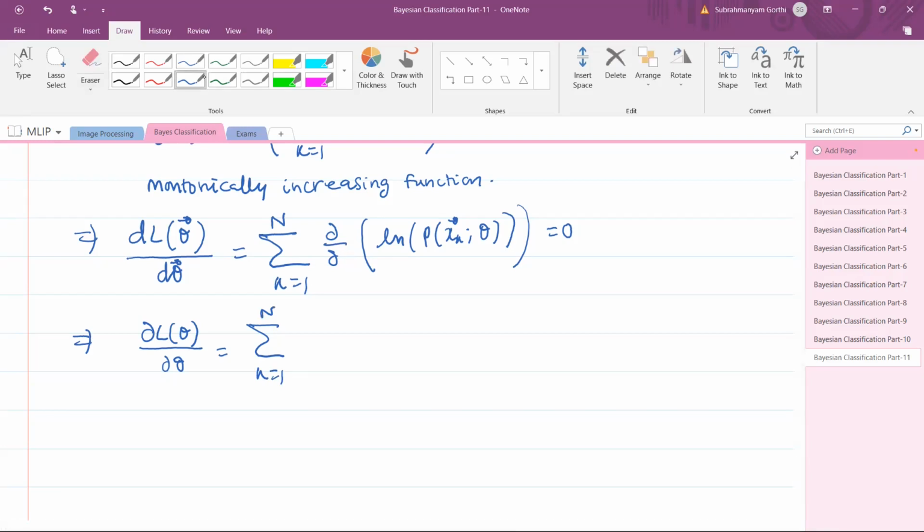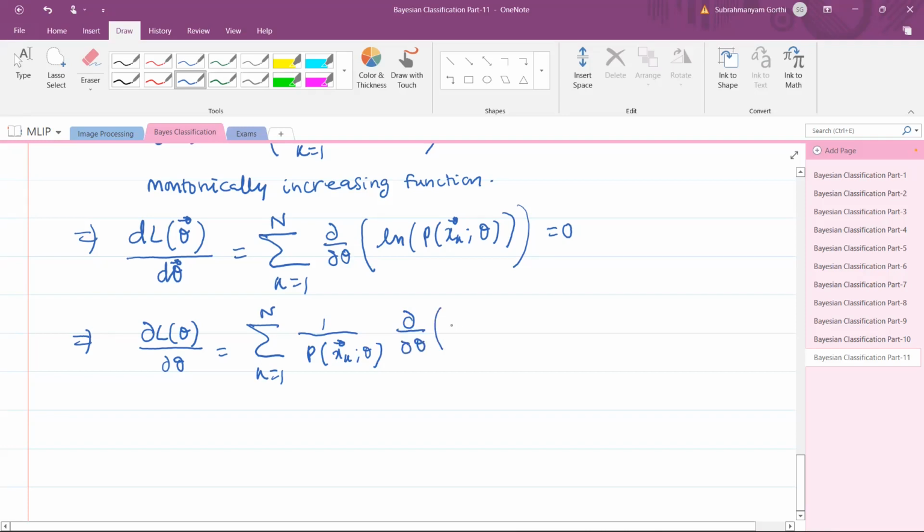So tell me, how should I write that now? 1 over probability of x_k bar given theta into ∂/∂θ of probability of x_k bar comma theta.